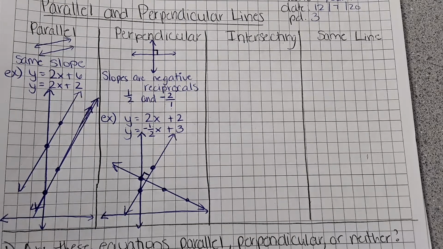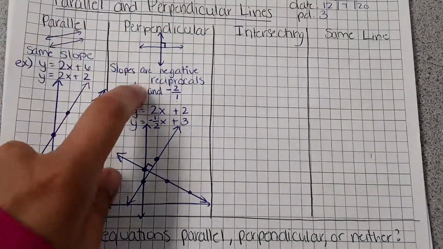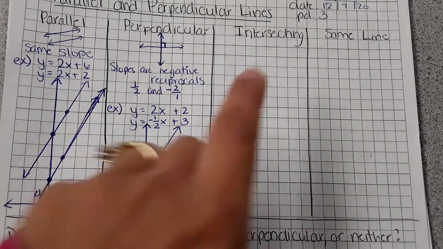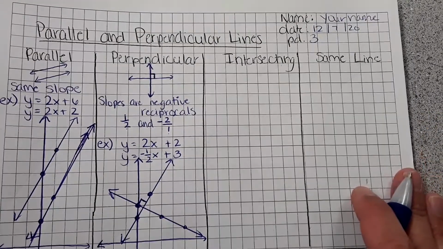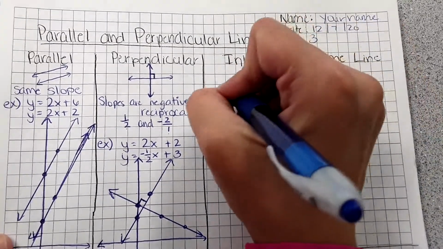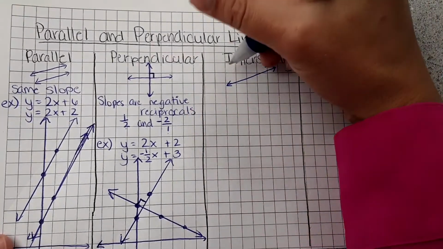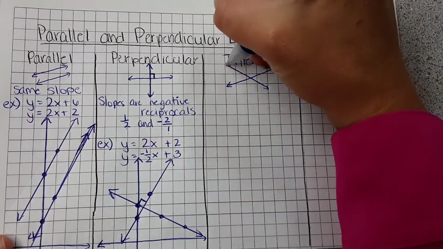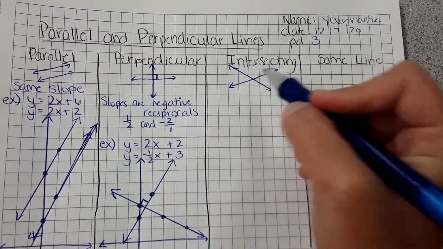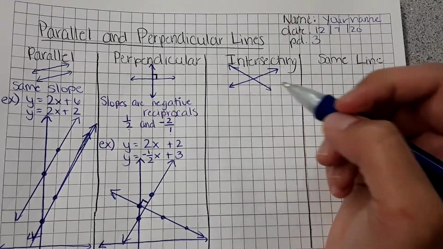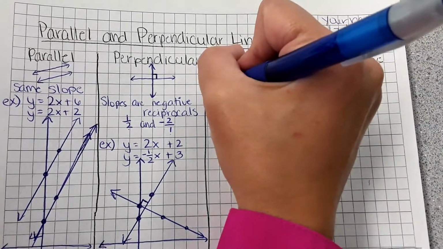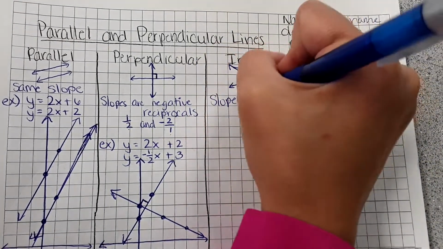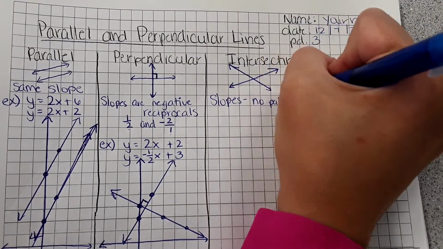Okay, so on the exam review, it says that you'll either have to identify them as parallel, perpendicular, or neither one. These are the other two scenarios that could happen that would be under the neither category. One would just be intersecting. Intersecting lines would just cross, and then they don't have any specific angle that they make. Could be anything. With intersecting lines, the slopes have no pattern or correlation.